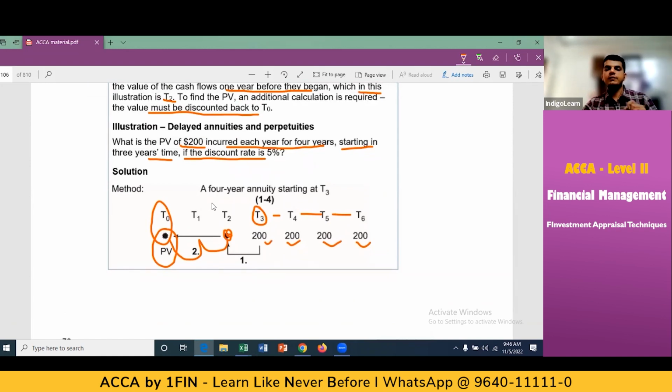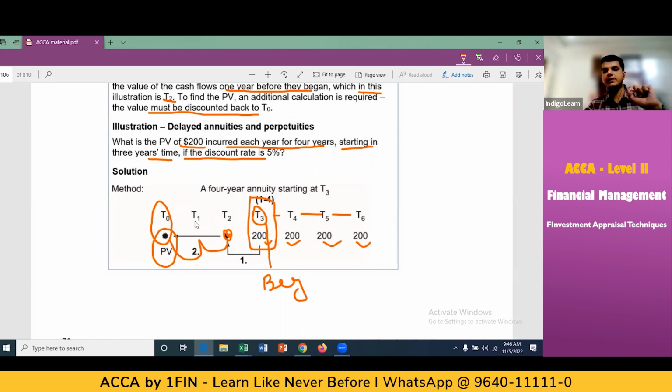So what is the present value of 200 that will be received each year for 4 years, starting in 3rd year time? So it will start from year 3, and for 4 years it will be incurred. When you put the annuity factor, you will get the value at 3rd year beginning. Just like when you were putting the annuity factor for the cash flow that we were receiving from year 1 end, we were getting the value at T0 because that was the present value.